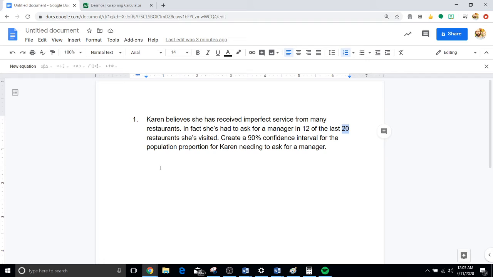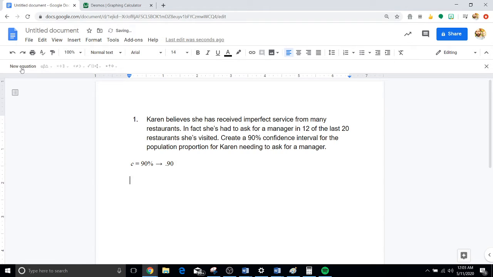So let's go ahead and write down all the information we know. First off, let's write out our confidence level. Our confidence level is going to be 90%, which we can just call 0.90. That's going to be very useful later.